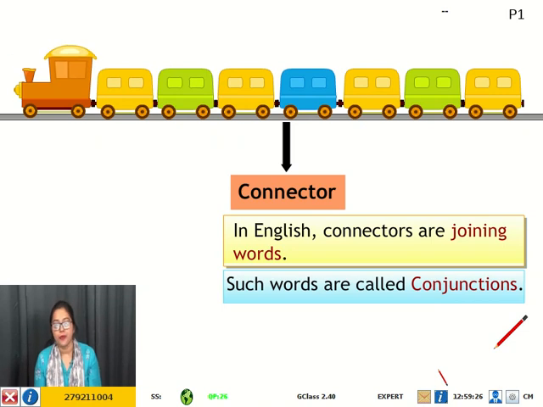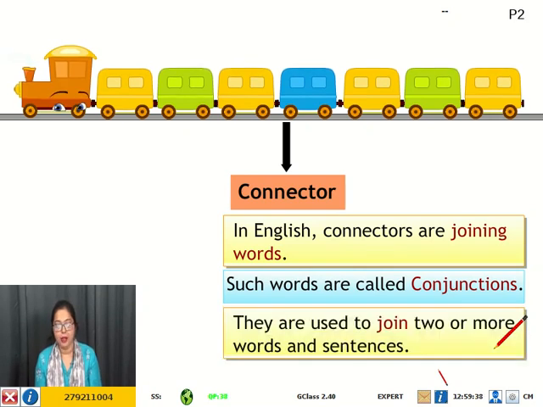Yes. So what is the work of a connector? The work of a connector is to join two or more sentences together. Okay. So you see here the third sentence, it is saying that they are used to join two or more words and sentences together.